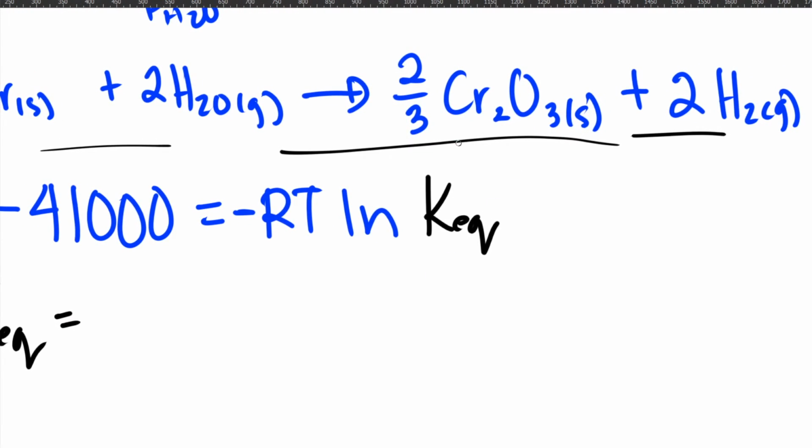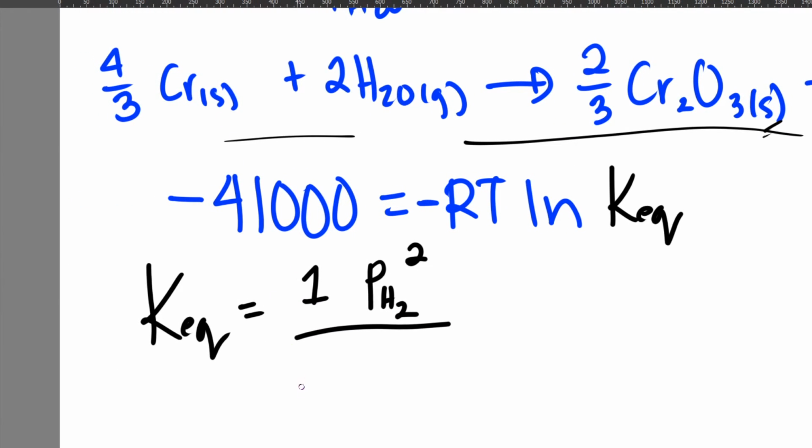Products natin is Cr2O3, pero solid siya, so 1 lang siya. Kahit ano man yung coefficient, 1 lang yan. Times, yung isa, H2 gas. Gas siya, you have partial pressure. Pressure of H2 raised to 2, kasi 2 yung coefficient niya. Over, tingnan natin yung reactants, chromium solid, 1 again, times H2O gas, pH2O squared. Kasi dalawa, raised to 2.